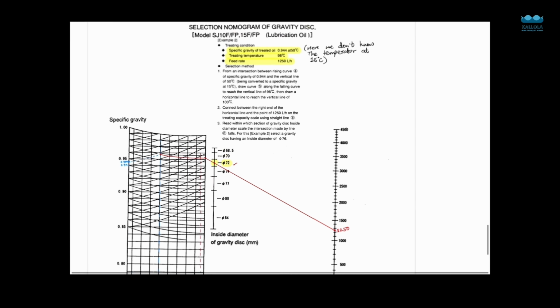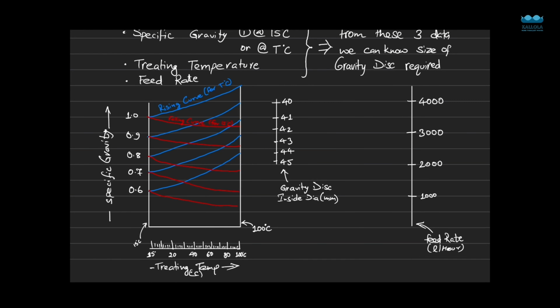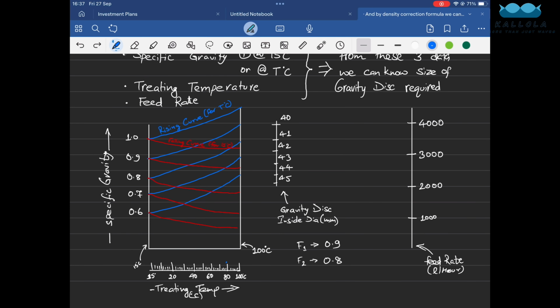Now let us suppose that we have two fuels. Fuel 1 has a specific gravity of 0.9, and fuel 2 has a specific gravity of 0.8. If we keep the other two things constant, that is treating temperature, let us suppose we are keeping it at 80 degrees Celsius, and feed rate 4000 liters per hour.